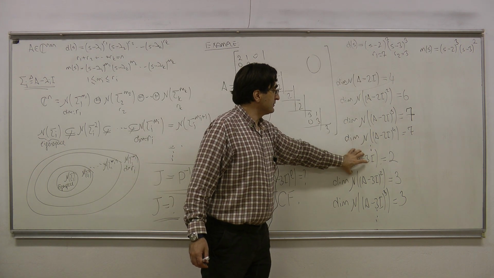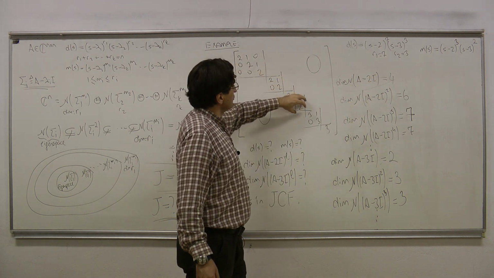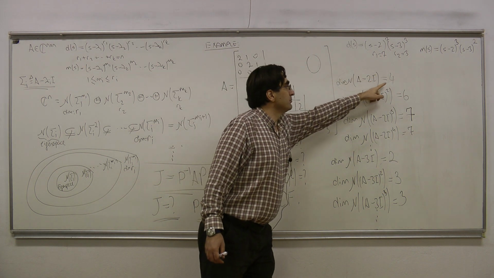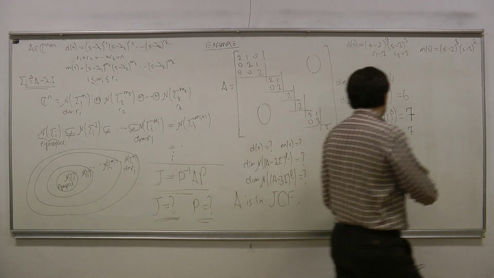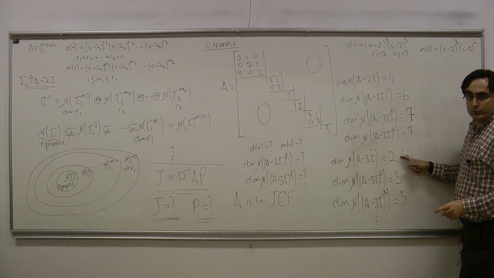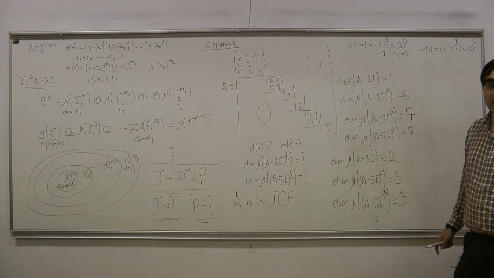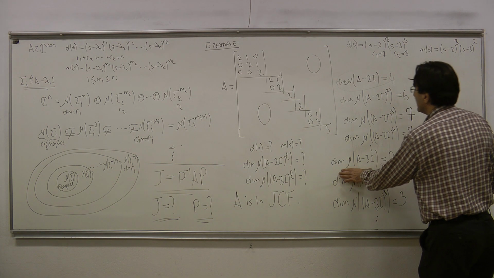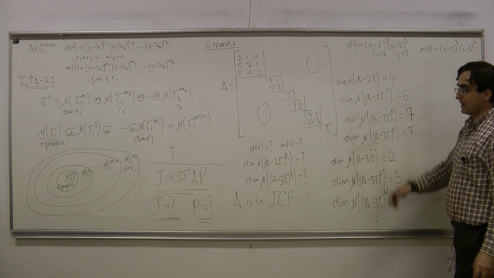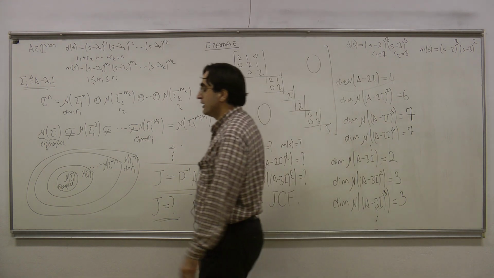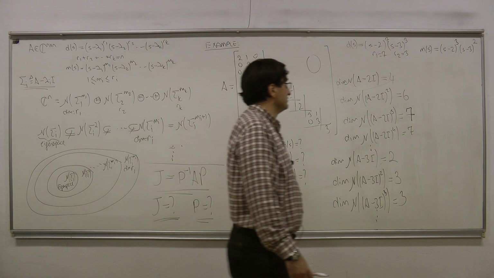For this one, I have 4 blocks, and this dimension gave me 4, which is the number of Jordan blocks belonging to the eigenvalue 2. And I see that this dimension is 2, and I had 2 Jordan blocks for the eigenvalue 3. Okay? So this dimension of this null space is really important. It is the eigenspace dimension, and it is giving us the number of Jordan blocks belonging to each eigenvalue.